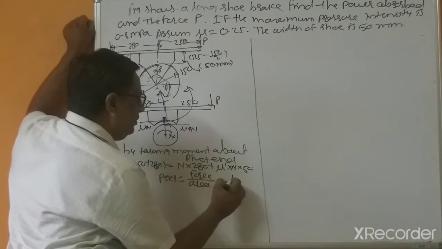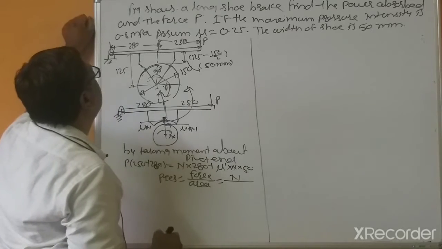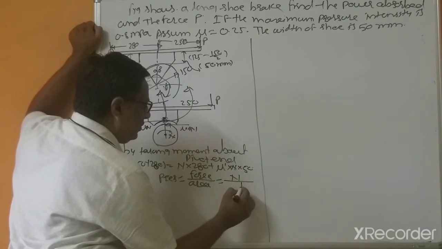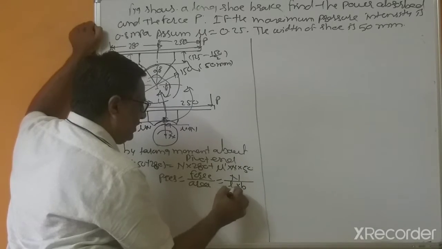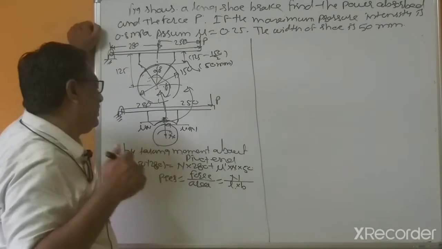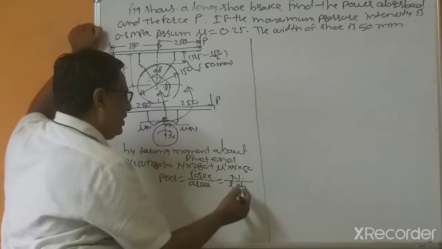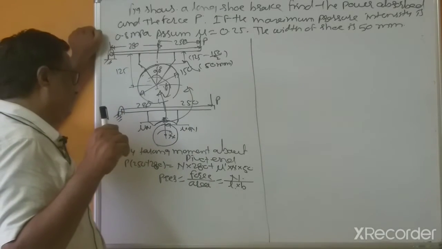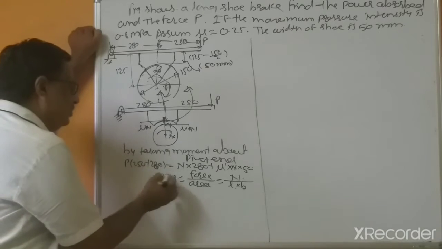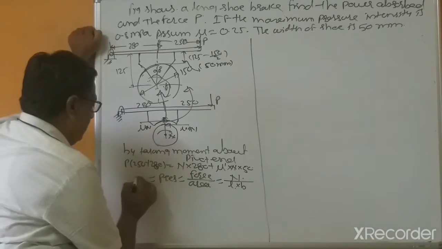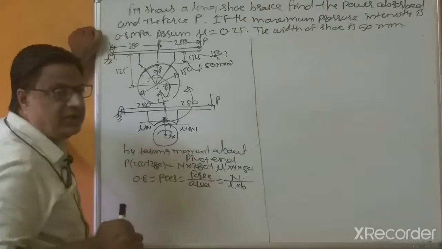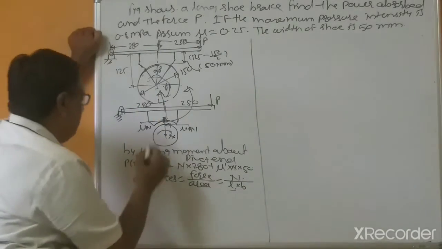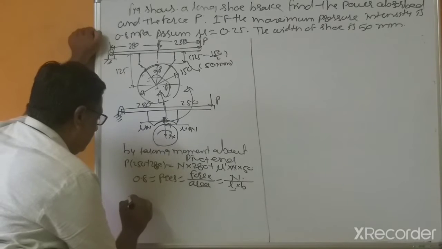The force is N, and the area is the width B multiplied by the length L. Now we require the length, because N is unknown and B is known. The pressure is also known, 0.8. So we can calculate N, but we should know L. How can we calculate L? Because this angle is given.